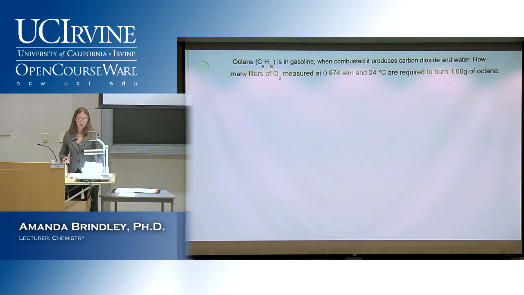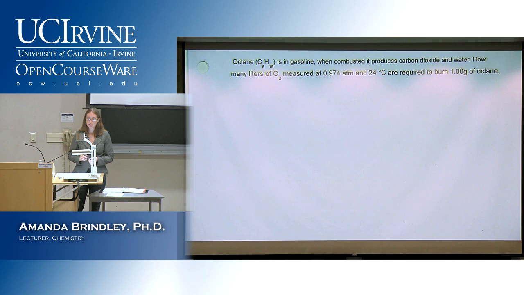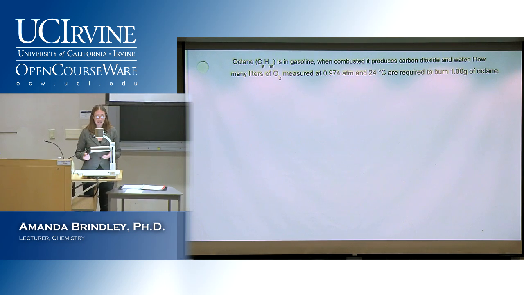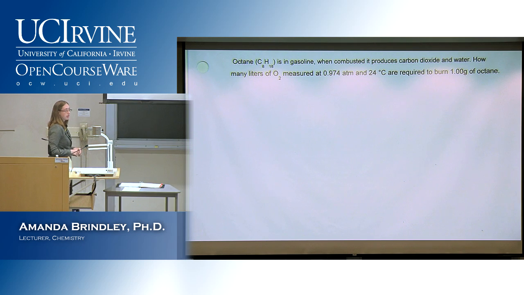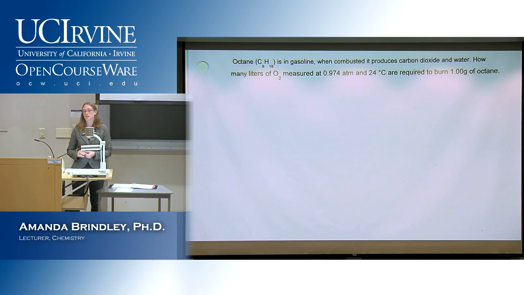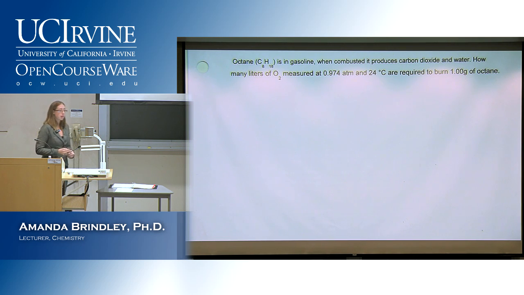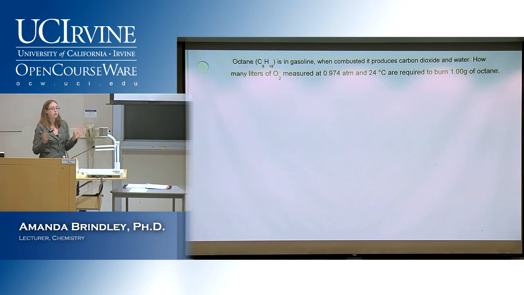One last one to do on this slide. Octane, and I give you the formula, is in gasoline. When combusted, it produces carbon dioxide and water. So what group of study material is back to haunt you here? Fundamentals. If you get to like the book problems and Sapling problems and you're like, wait, this limiting reagent thing, I think I remember it, where do I go for help?